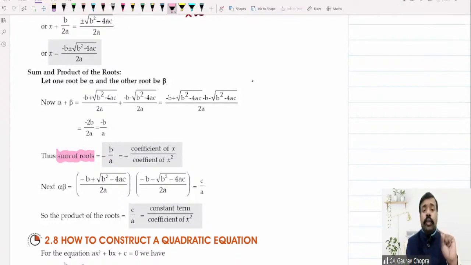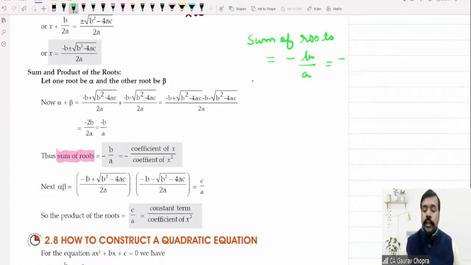So what will be the sum of that solution? Sum of roots is equal to minus b divided by a.